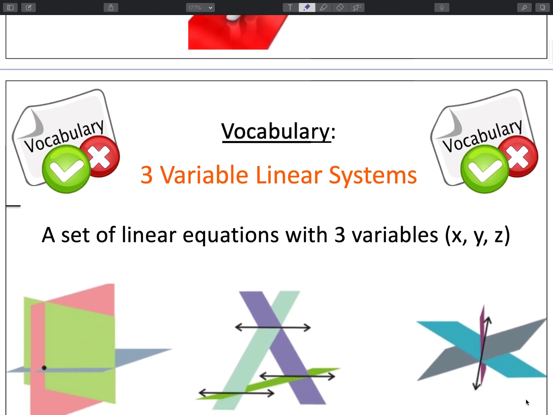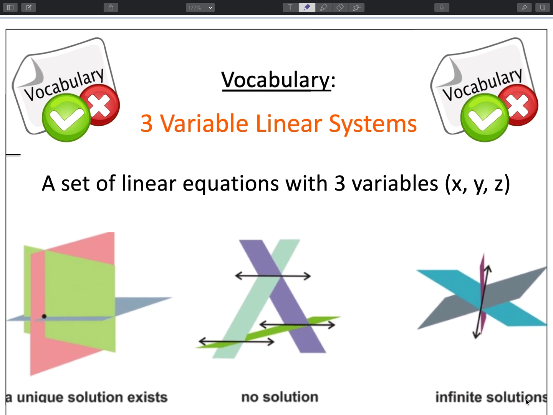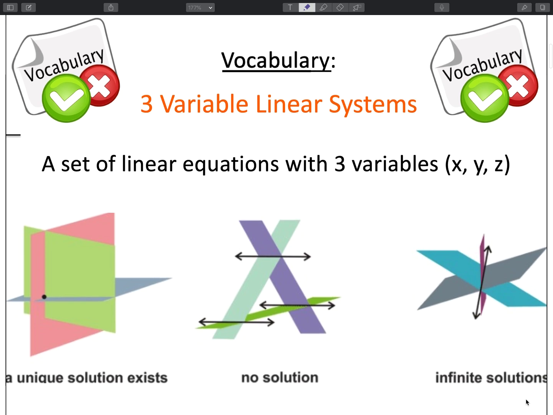So the first thing to know is a three-variable linear system would look something like this. There are three possibilities for solutions. When you go back to what we did with substitution and elimination for just two variables, we know that there was either one solution, no solution, or infinitely many solutions. The same exact idea happens here in three variables.